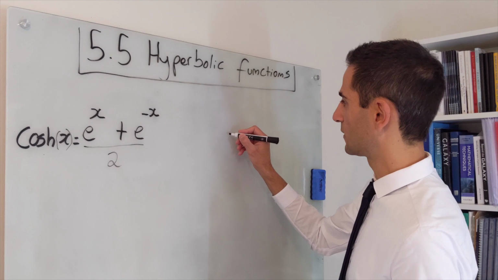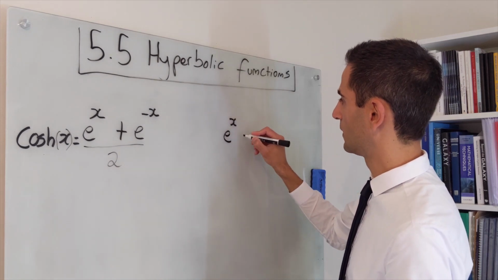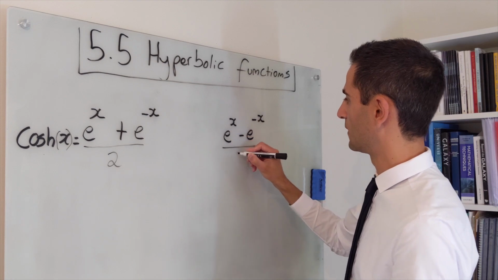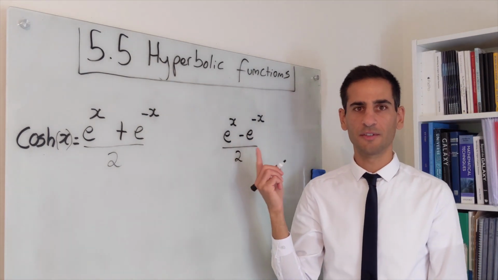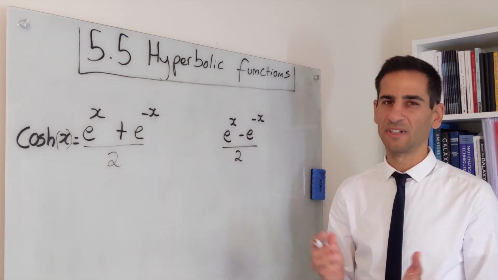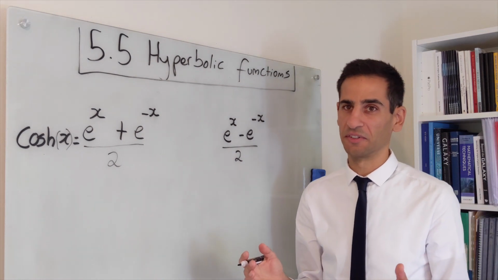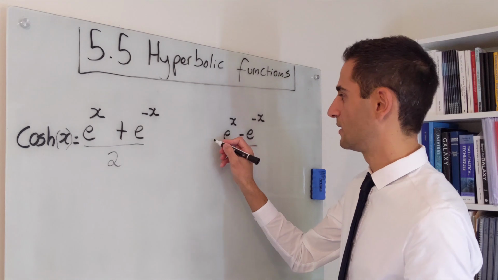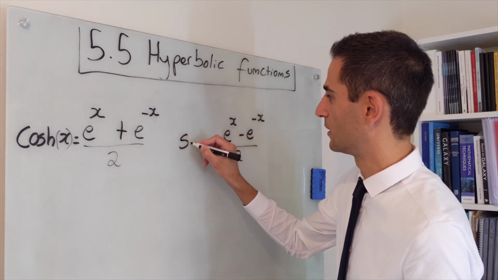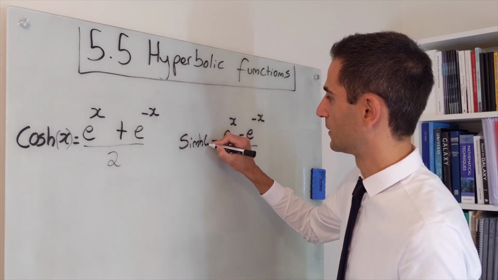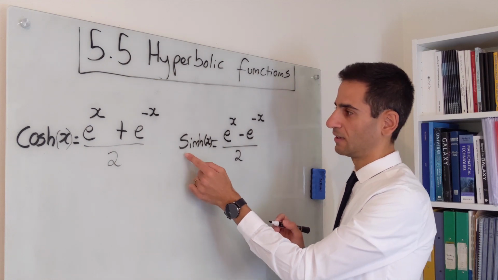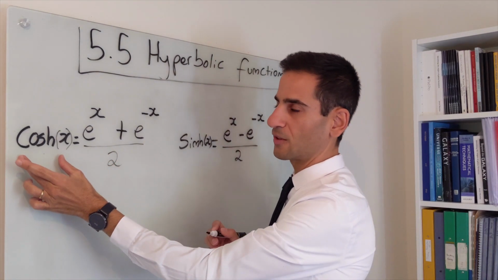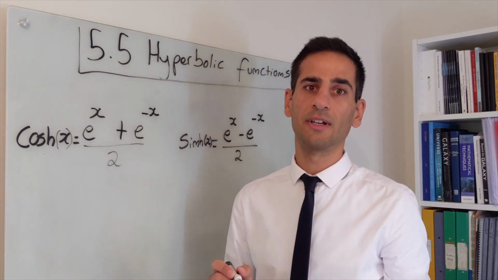Let's write e to the power of x minus e to the power of minus x. And again, we're sort of taking the average between both components, but in this case we're subtracting. Not really an average, but go along with it. Turns out that this is the definition of what we call the hyperbolic sine. This is written as sinh, the hyperbolic sine. This is cosh, or hyperbolic cosine.